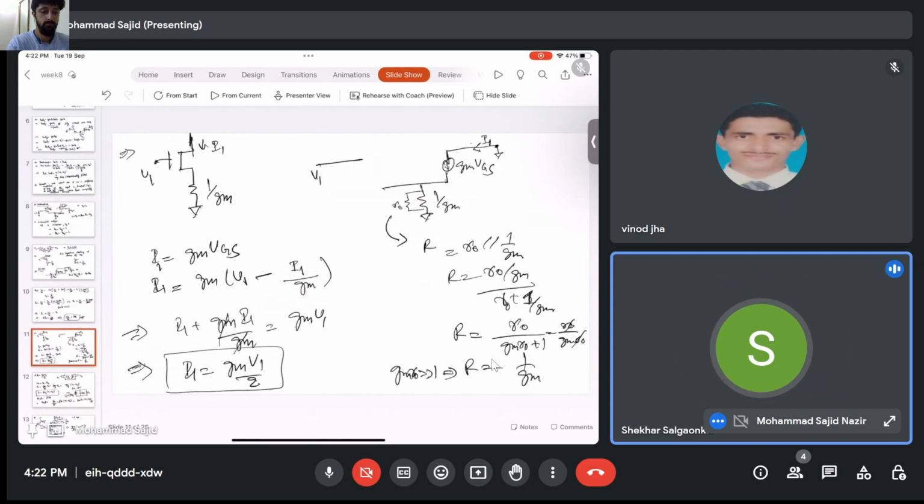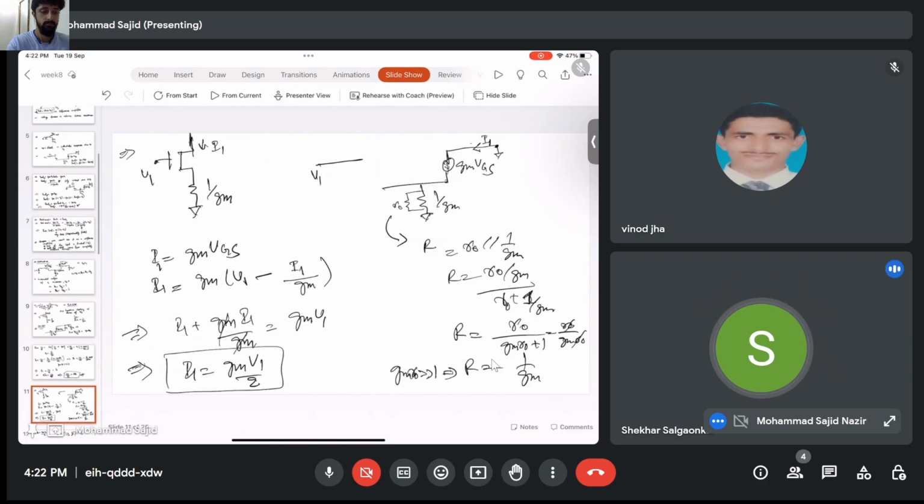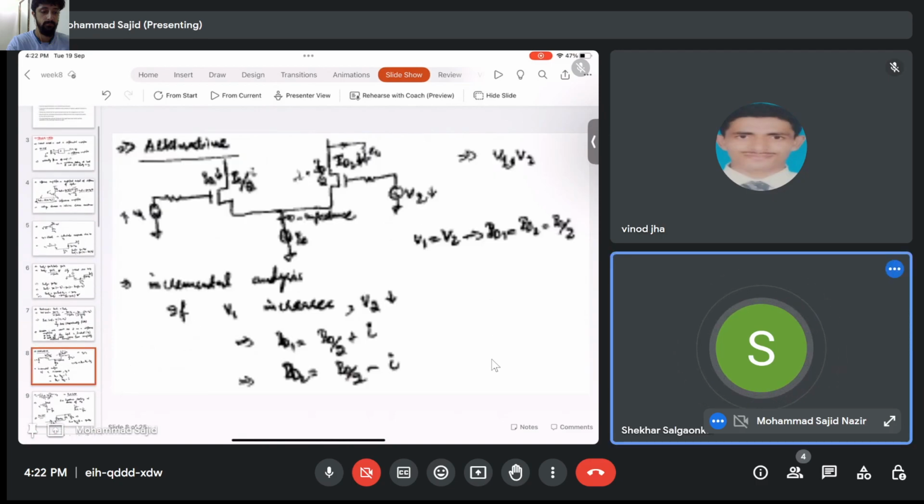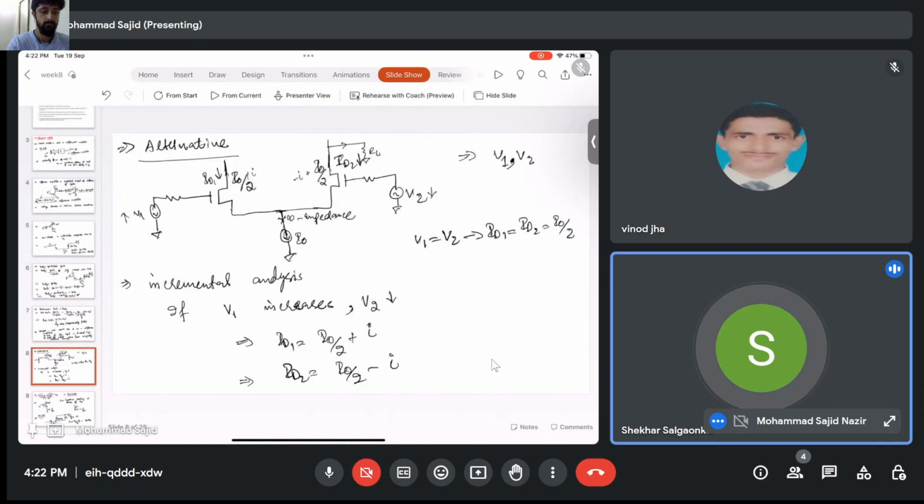Now my point was that RO is at the output, which is parallel to GM-VGS, correct? One second, let me see the circuit. This one? Yeah. And this is where you have done the equivalent circuit, I mean, the small signal analysis.